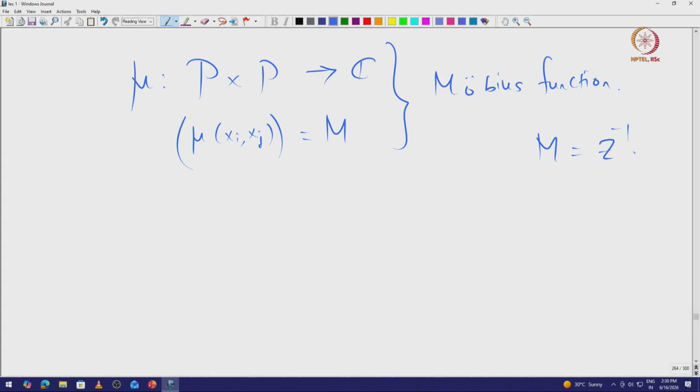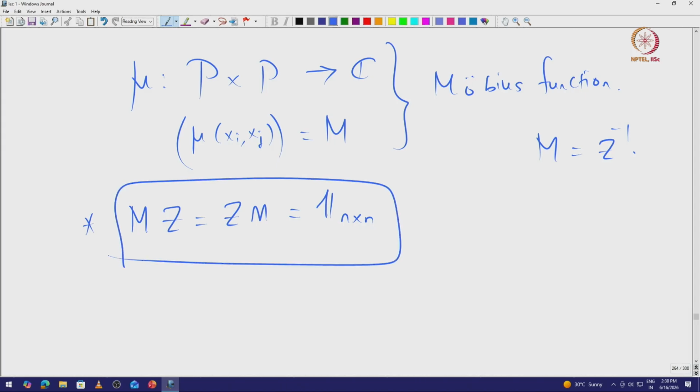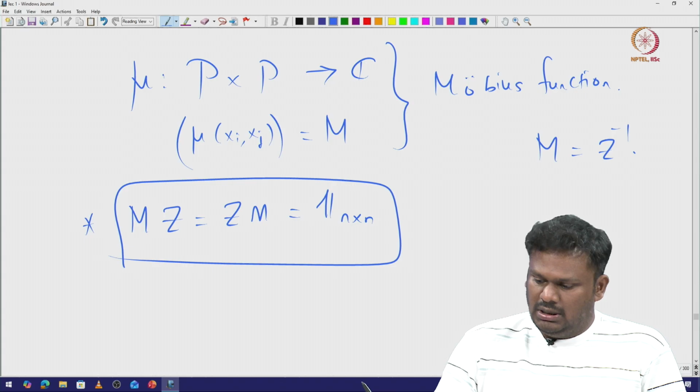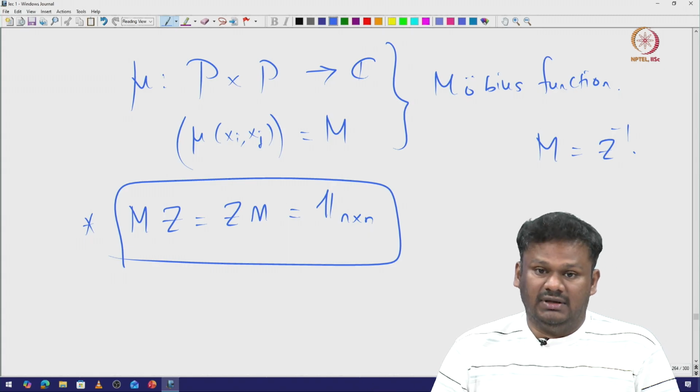M being Z inverse tells us that MZ and ZM, the products of these two matrices, must be the identity matrix, the n by n identity matrix. So, now we are going to spell out the meaning of MZ being 1 and ZM being 1. That is going to give us the defining relations of the Möbius function, which I already stated previously.